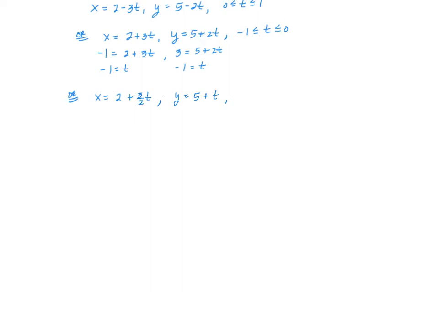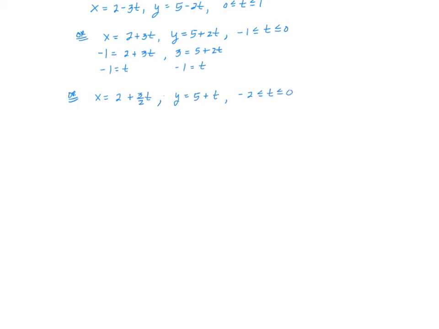Well, I was at -1 to 0. I divided my slope top and bottom by 2, which amounts to doing the opposite, which would be to multiply my inequality by 2. So my t value should go from -2 to 0. And you could check that.